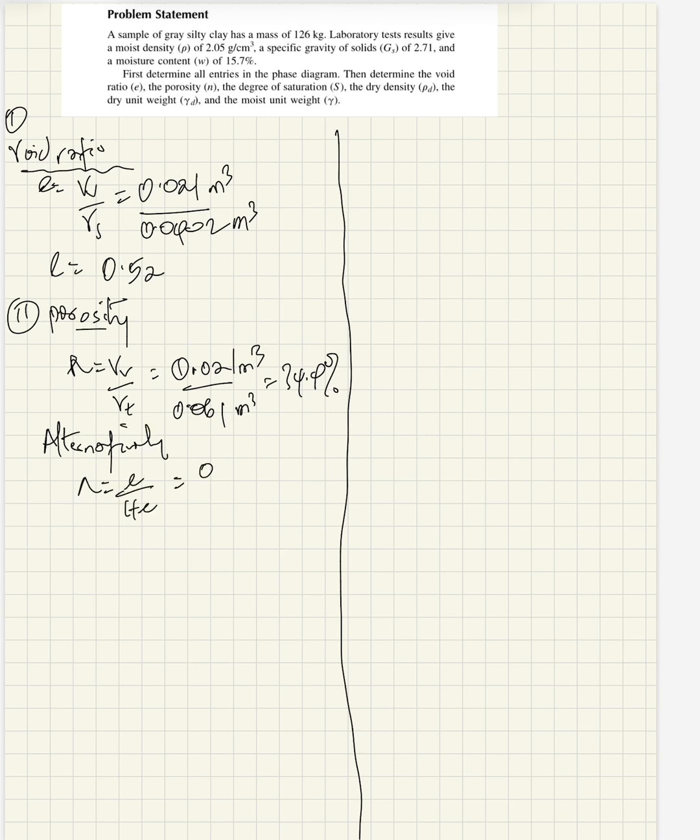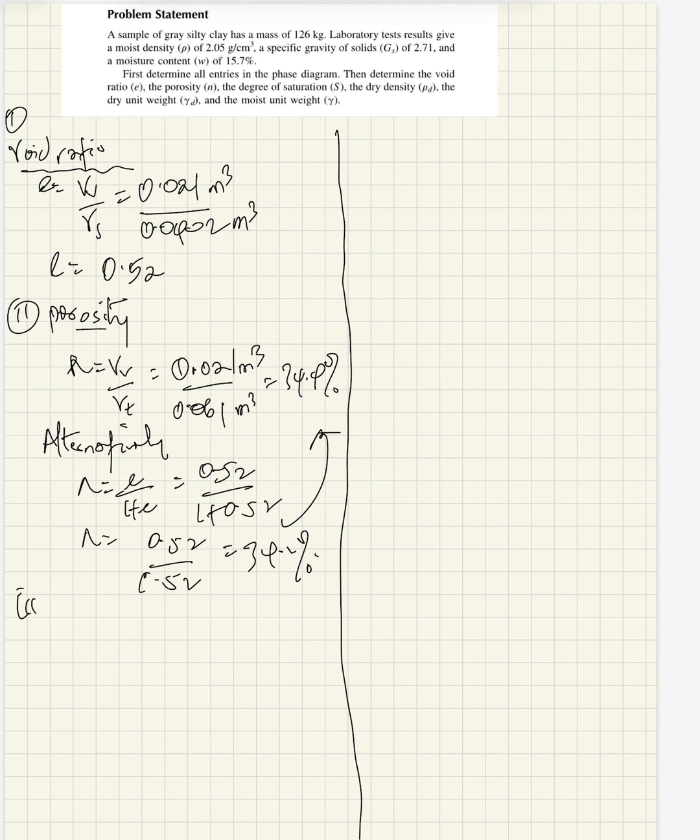So void ratio is 0.52 over 1 plus 0.52. So porosity equals 0.52 over 1.52. It should give us a similar answer to this. If all things are equal, they should give the same answer. So the answer is 34.2%, almost the same. So that's another method you can use to obtain the porosity.